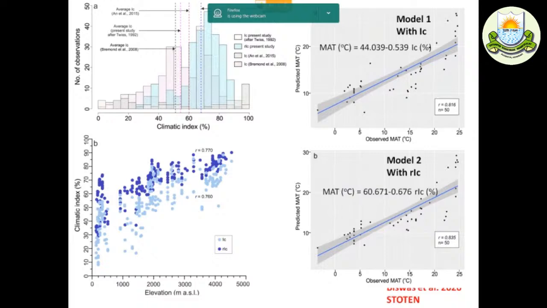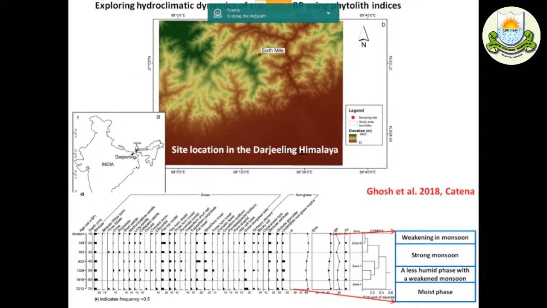Now we also have to check the potential of these models for past temperature reconstruction. So we applied these models to the phytolith data of an earlier published record from the Eastern Himalaya by our group. This was a sedimentary profile collected from a dried lake bed at 6 Mile in the Darjeeling area, in the temperate zone of the Eastern Himalaya.